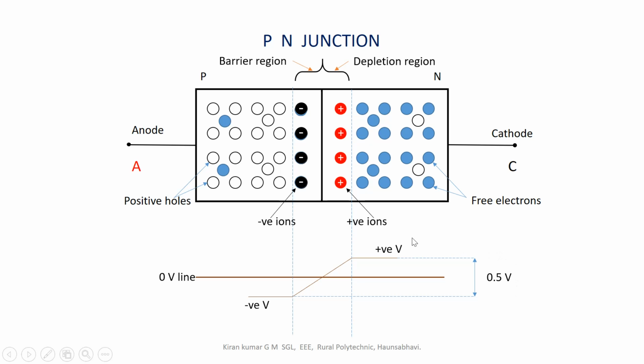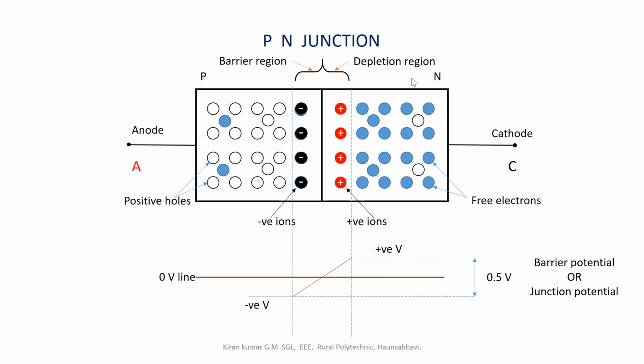This voltage which is available at this PN junction or the diode junction is called the barrier potential or the junction potential. This is how in a PN junction the barrier potential or the junction potential is generated at the depletion region.